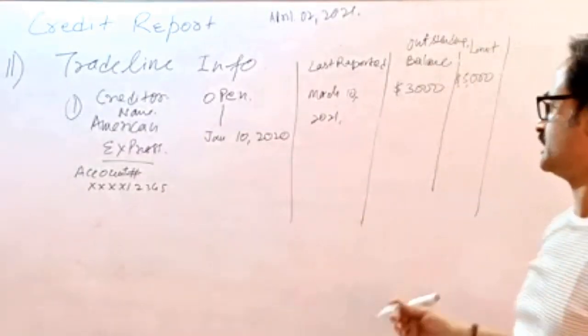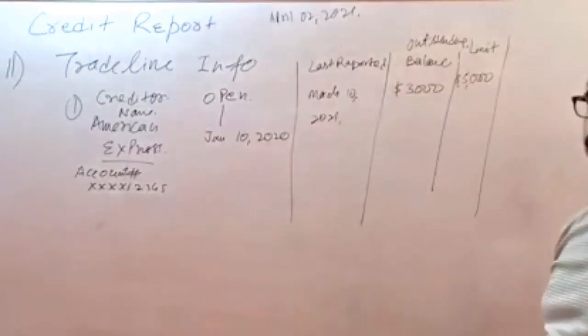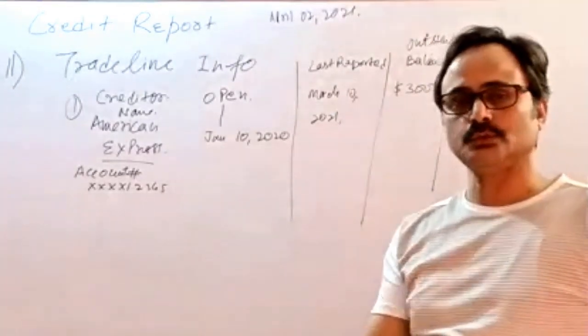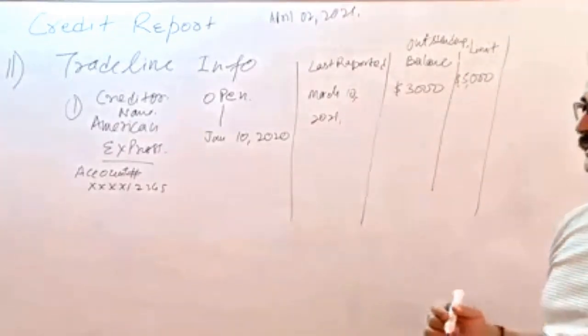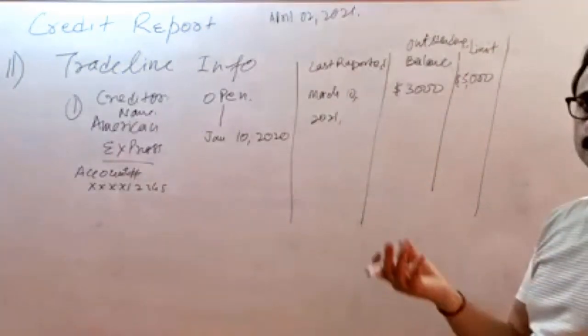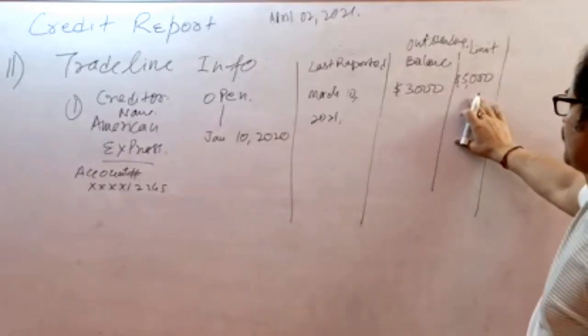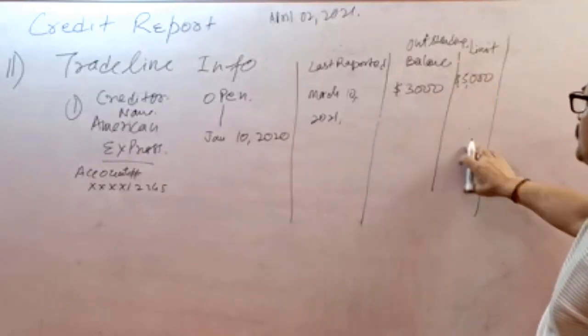That is the limit. After 5,000, they won't be able to purchase. First, they need to pay the amount, and whatever they pay is the only cushion they will have to go again. So the limit is 5,000. They cannot go beyond 5,000.